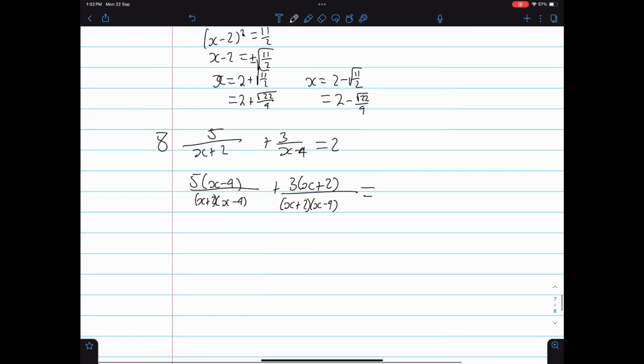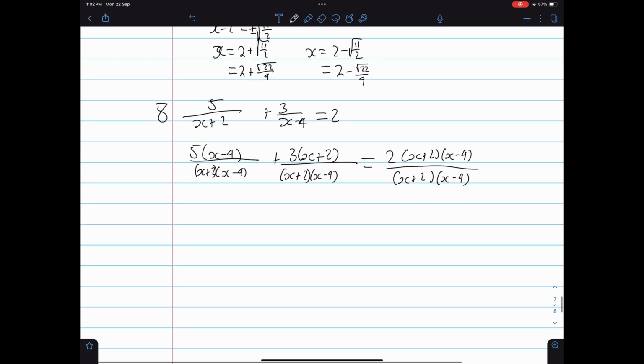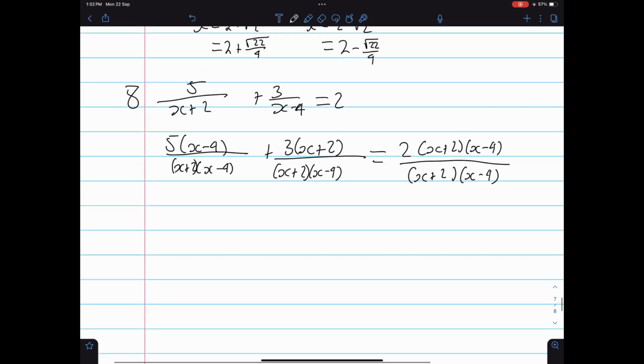And because all those denominators are the same, we can remove them from the equation.